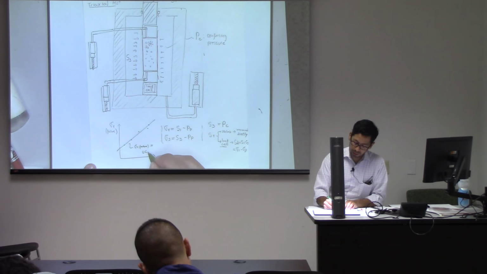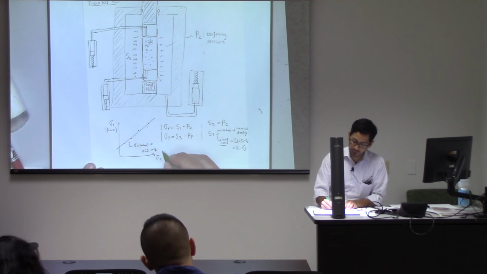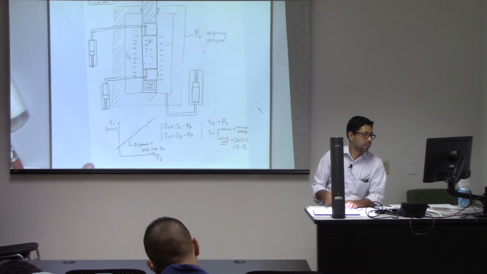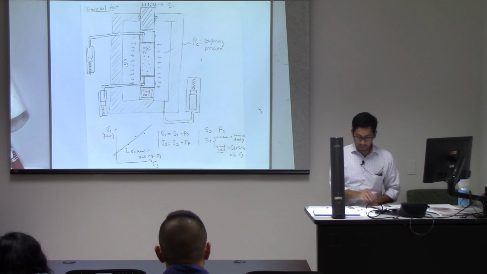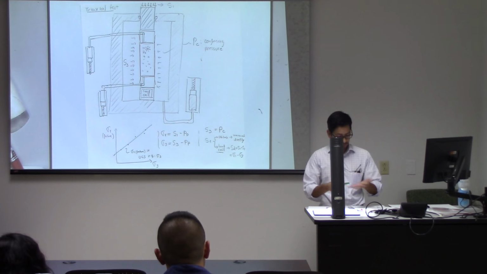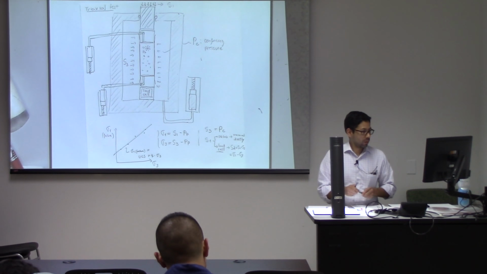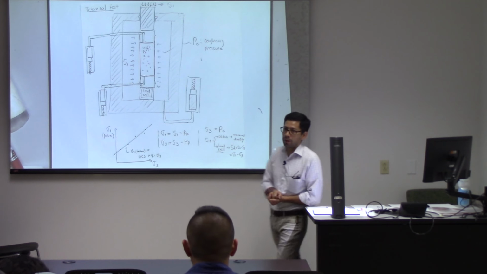The intercept is going to be the unconfined compression strength, and the slope is going to be this parameter Q times sigma 3. And that's all you have to know for now about the triaxial test.